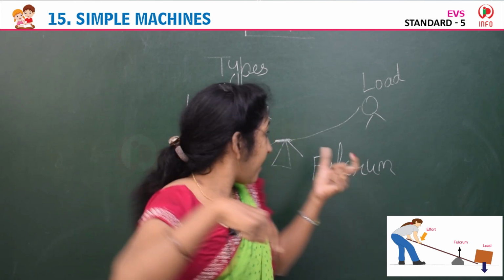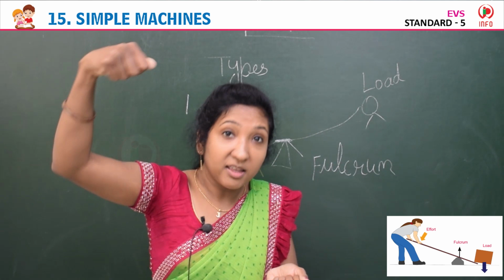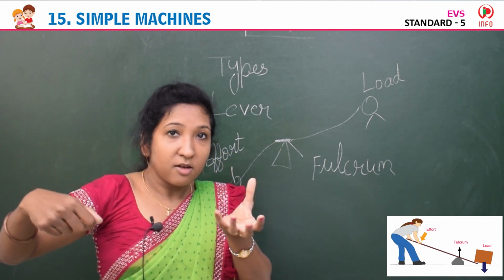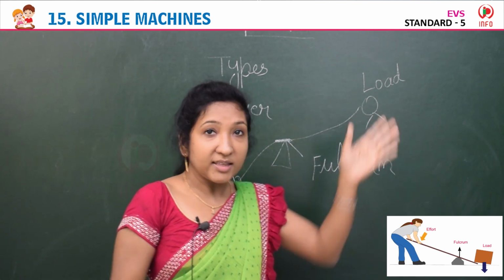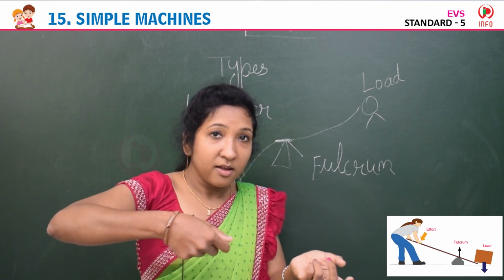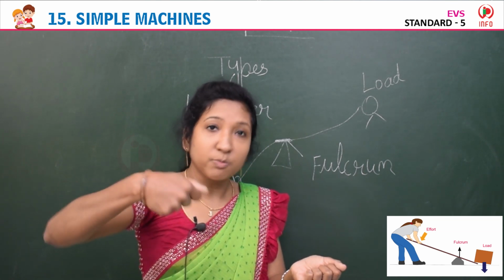That point is, as I said, fulcrum. And the handle of the spoon, where you are applying the force, is the effort. And the lid opened is the load. Understood? You can see the picture over here. Someone is trying to open the lid of a tin using a spoon.